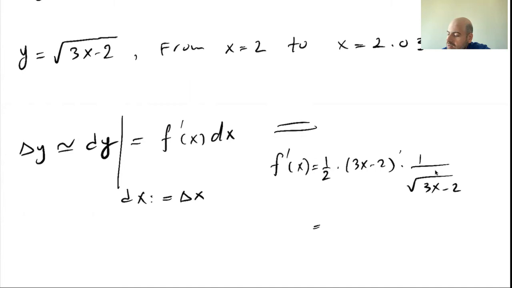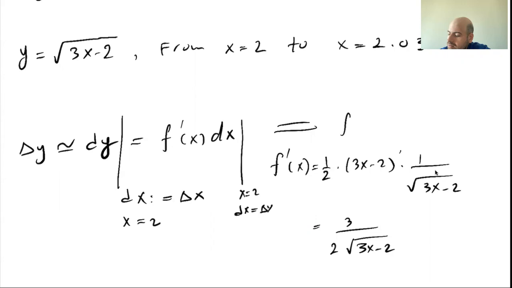So this is 3 over 2 root 3x minus 2. And then this will be f prime of 2, x is 2, times delta x. Delta x means change in x. Change in x means 2.03 minus 2.